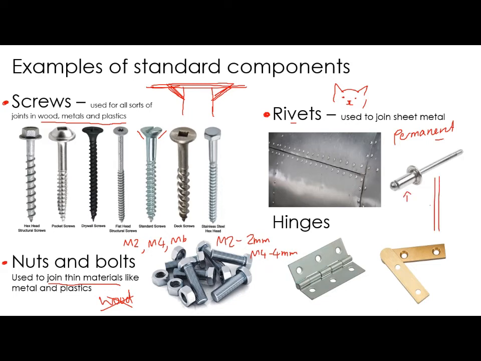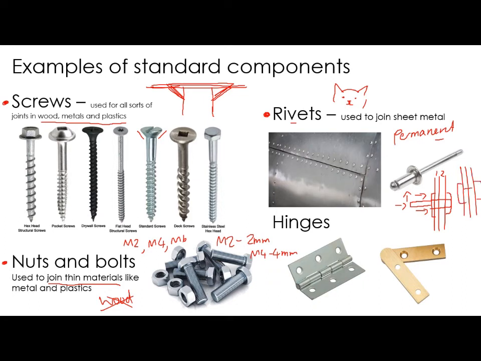But imagine we are looking at two sheets of material that need to be joined together. What you do is you put the rivet through like this. So imagine that this rivet here has gone through these two pieces of thin metal. And what basically happens is this is pushed and pushed and pushed until this bit squashes and squashes and squashes until you have basically a join that looks like this.